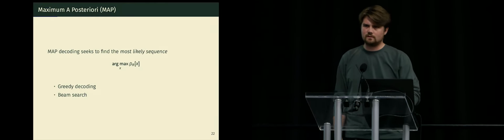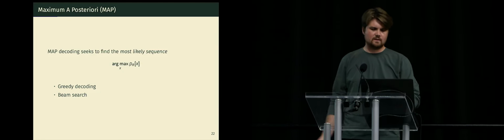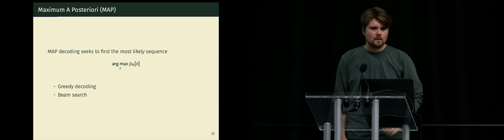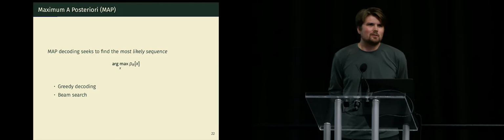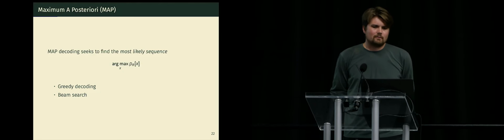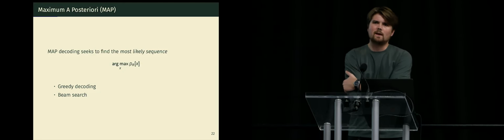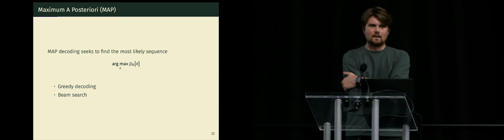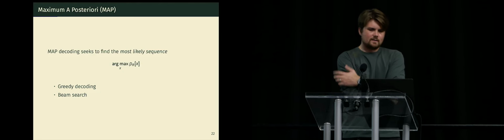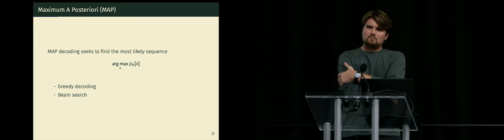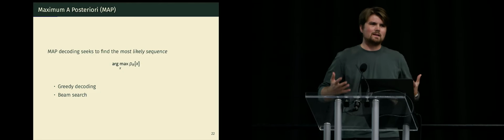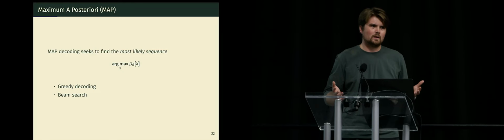All right, so let's get started with decoding as optimization. One of the earliest and for a long time very popular ways of decoding from language models was to try to maximize the probability of the output sequence from the language model. This is maybe a naive, but very straightforward objective.